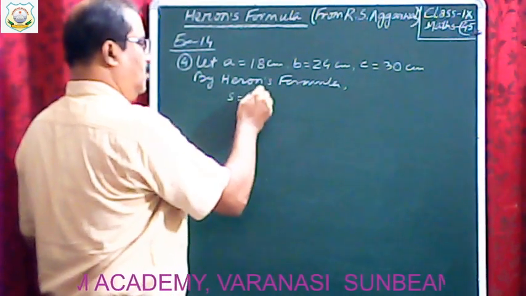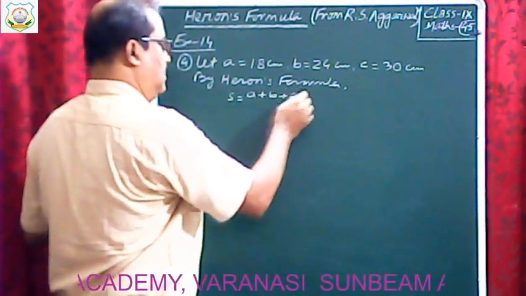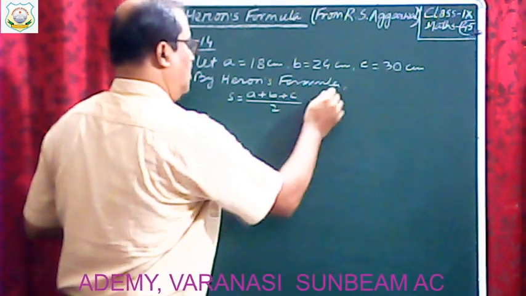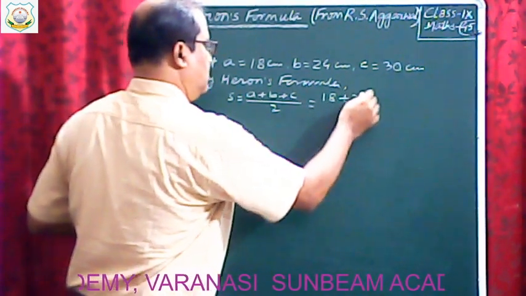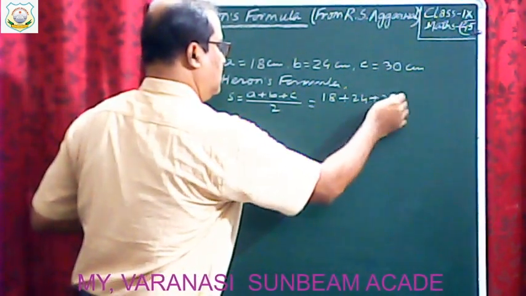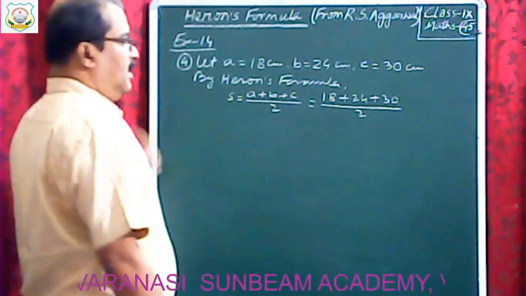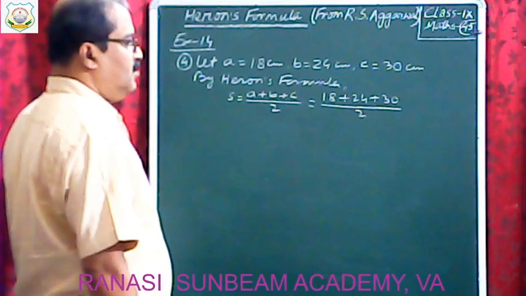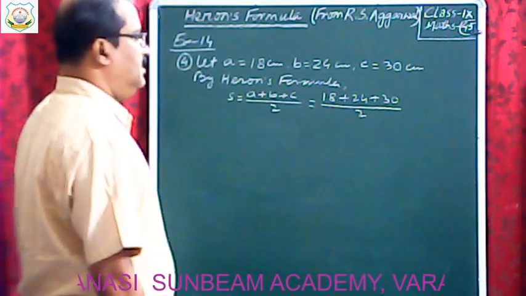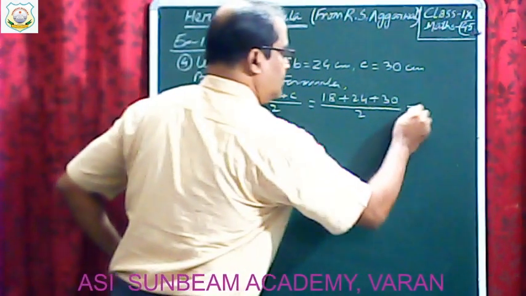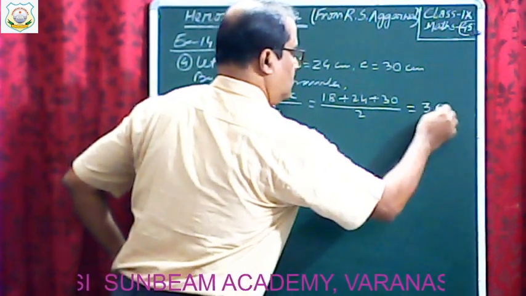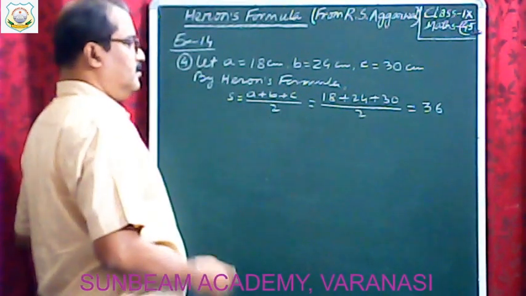S equal to a plus b plus c whole by 2. So 18 plus 24 plus 30 whole by 2. How much? 18, 24, 42 plus 30, 72 by 2, 36. Okay.